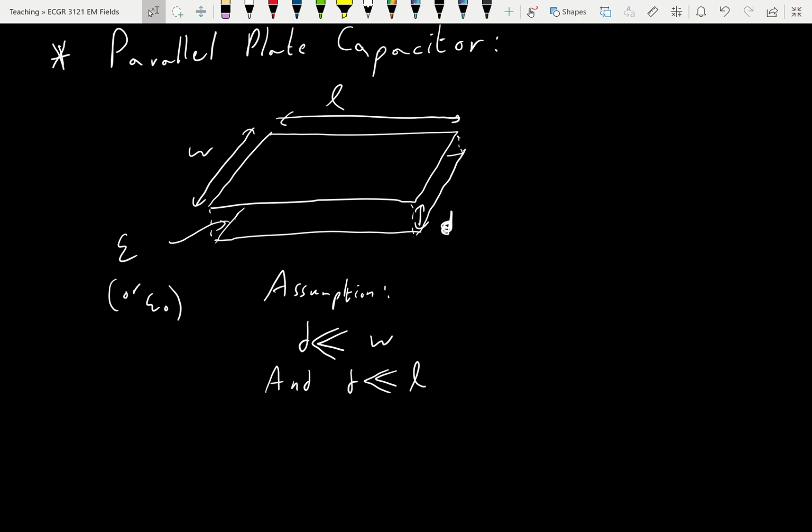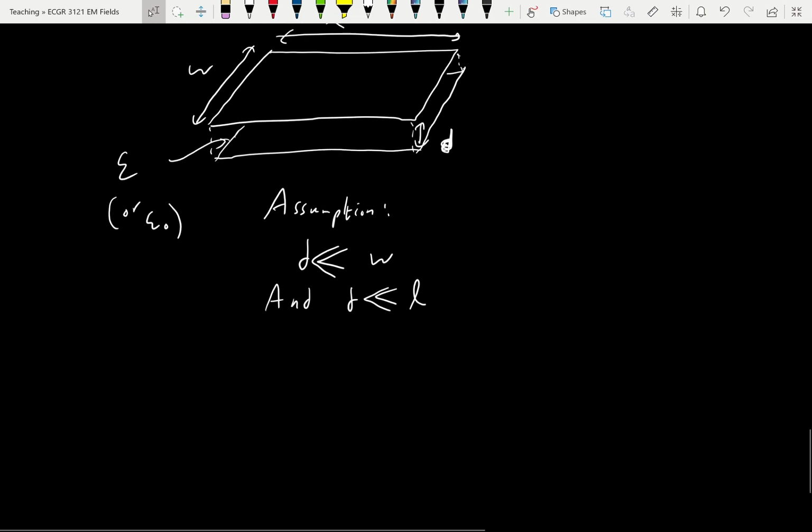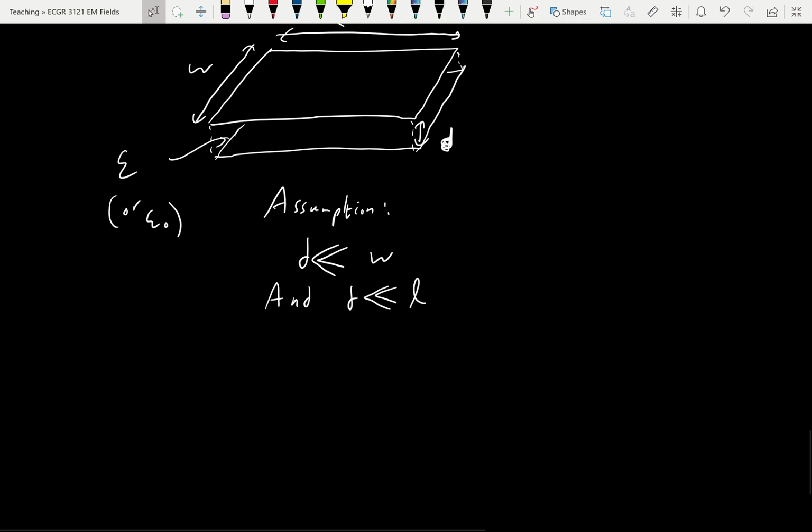We already derived the electric field due to an infinite plane with a charge density on it. So if the distance between the plates is much smaller than the dimensions of the plates, we can use that infinite plane approximation.